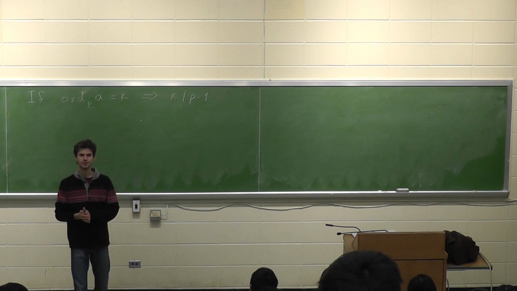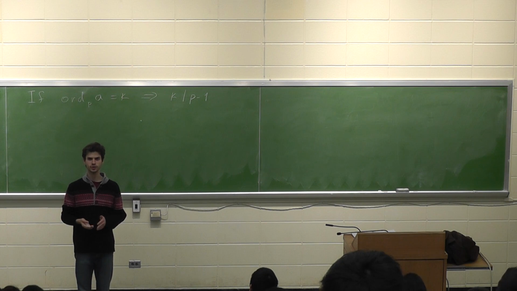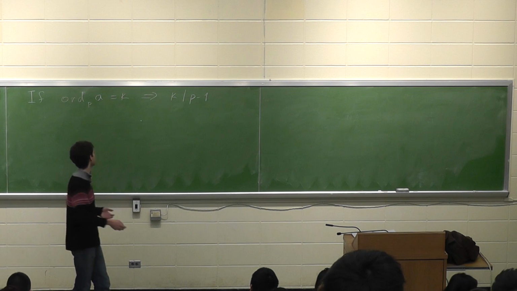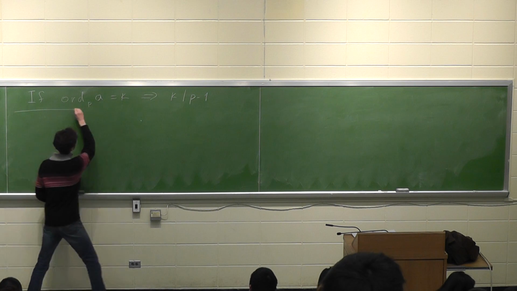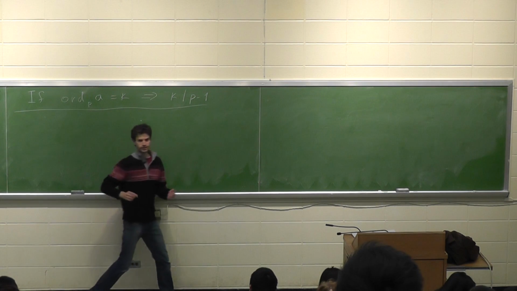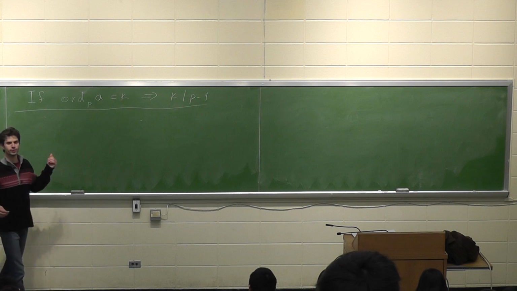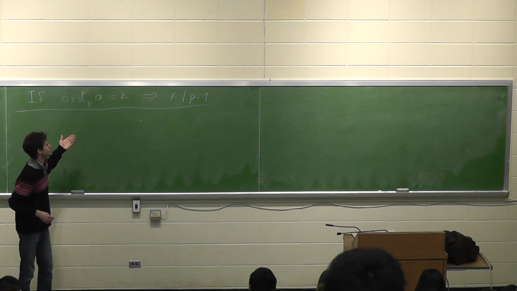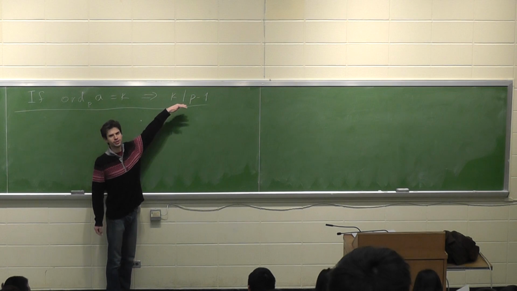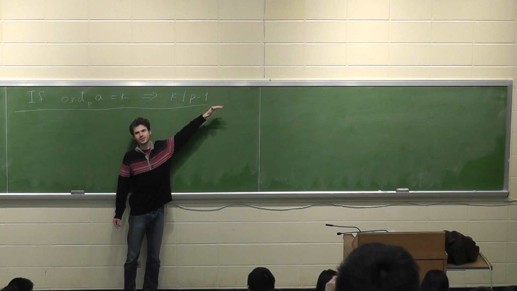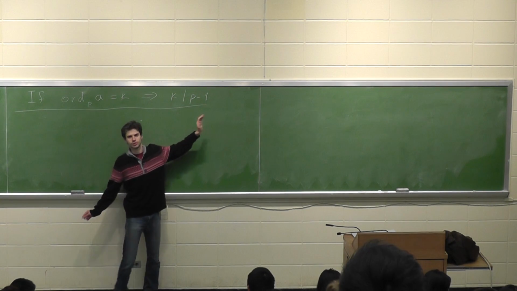Another thing, we started counting how many elements of a given order there are modulo p. First of all, an obvious result. If the number k is not a divisor of p minus 1, there are just no elements of this order.